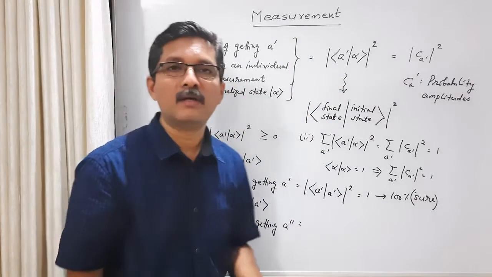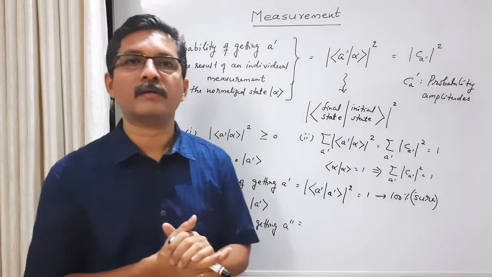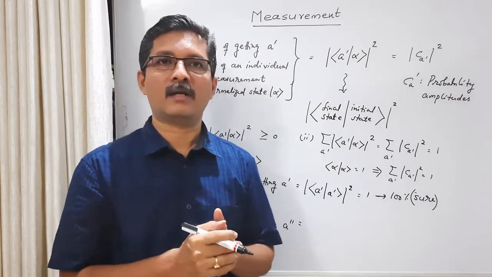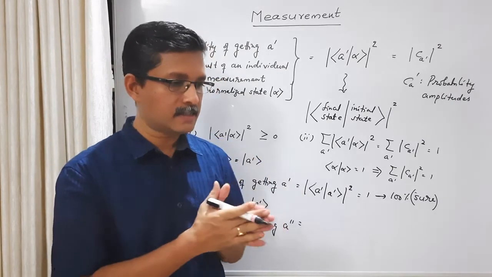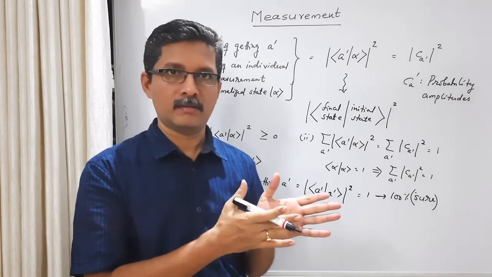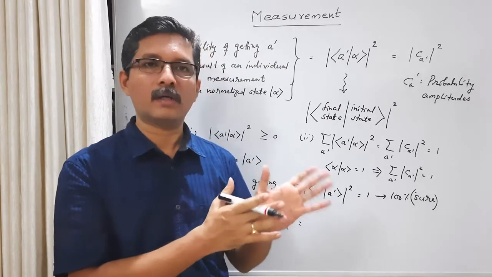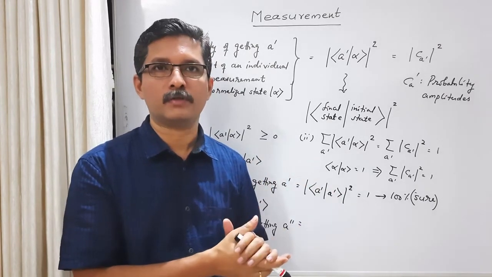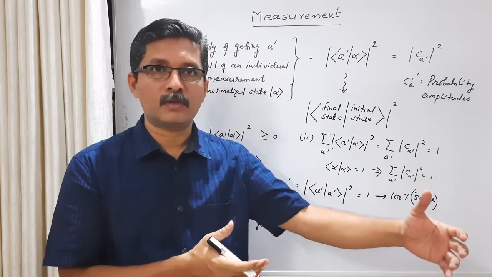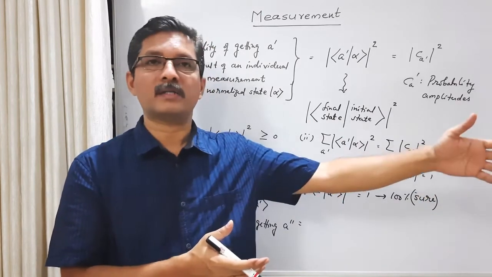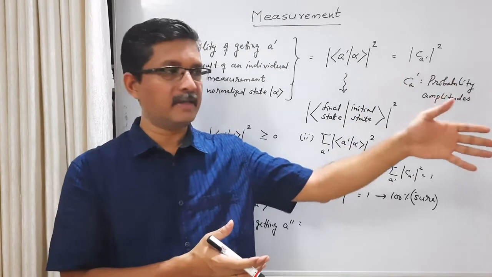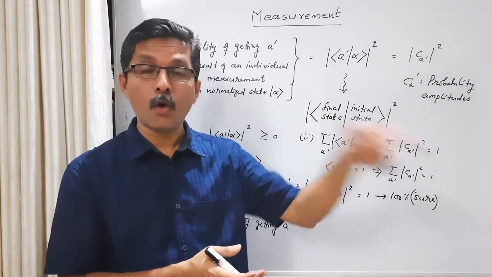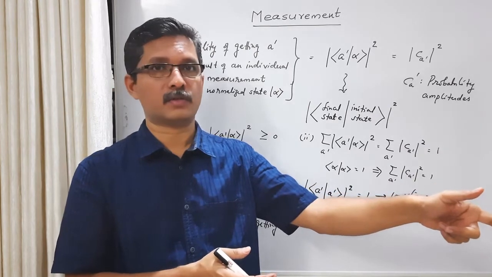Before calculating, what should be the physical situation here? Let's go back to our Stern-Gerlach sequential measurement. The initial state is the S z plus state. That means all, let's say, 1000 particles are in the state S z equal to plus h cross by 2. You make a further measurement of S z. What do you get? All the 1000 particles remain in the same eigenket, S z plus. There are no particles with S z equal to minus h cross by 2.